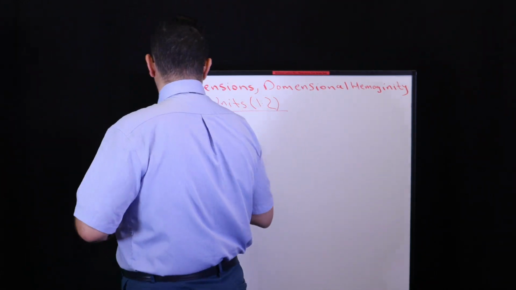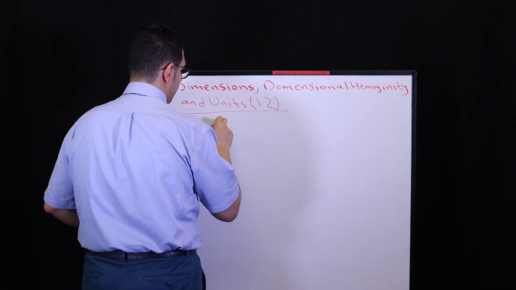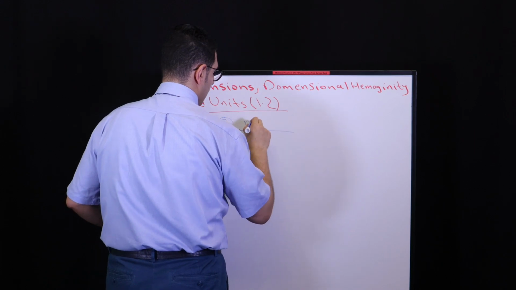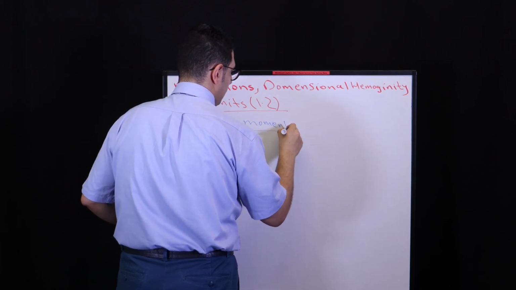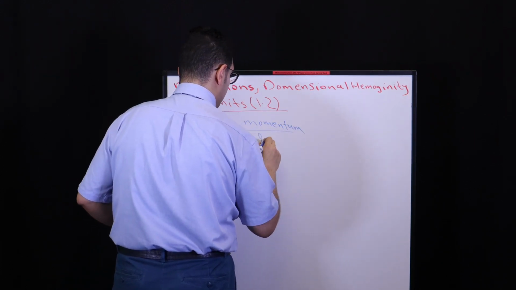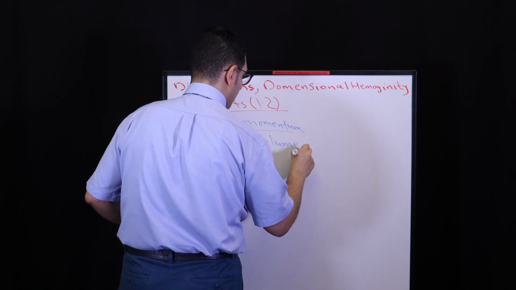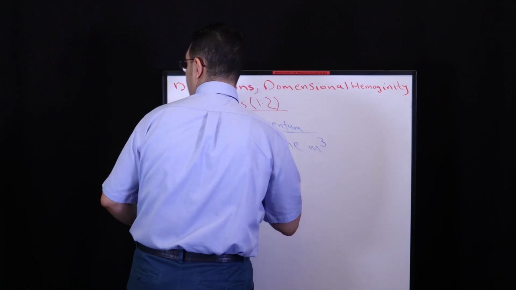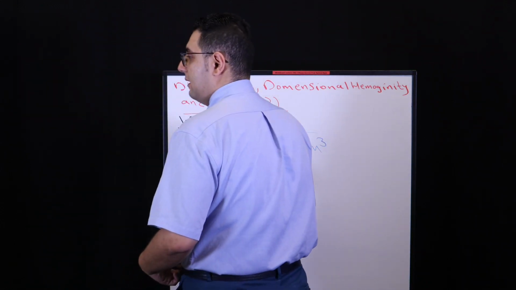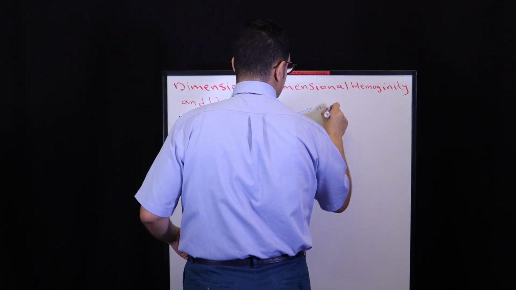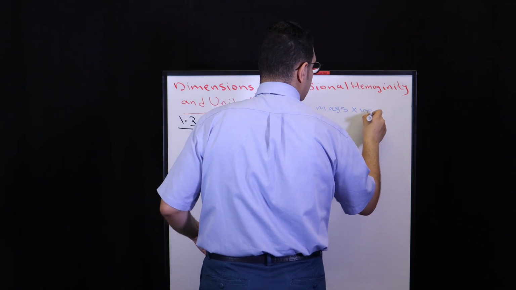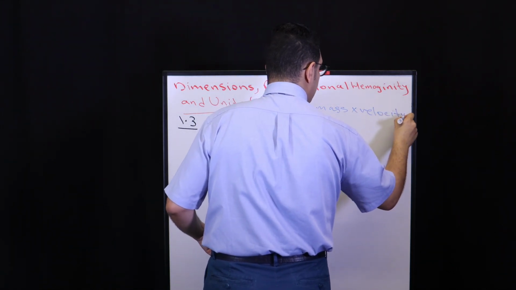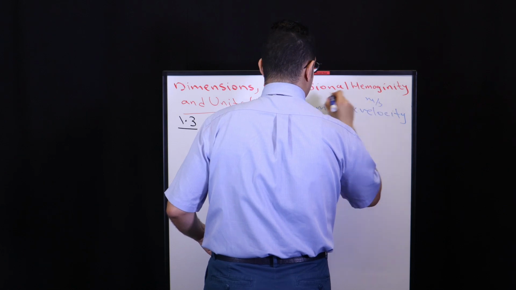So, for momentum divided by volume, the volume is in cubic meters, and momentum is mass multiplied by velocity, which is meter per second.